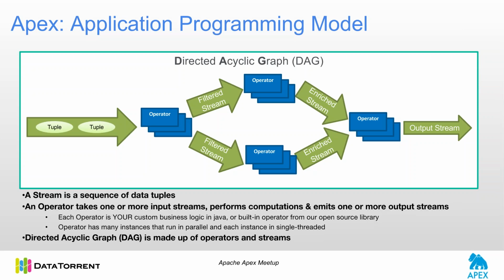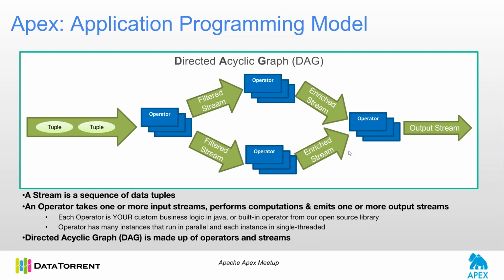The data will be flowing through the filter. So all you have to do is process the data, and that data will be passed on through the stream. So we have the filtered stream or enriched stream. These are basically the data carriers which carry the data from one operator to another.